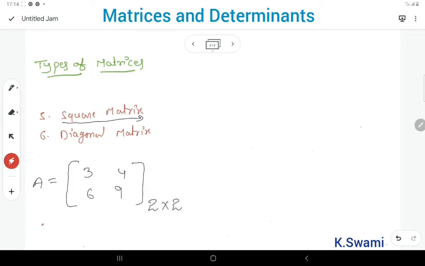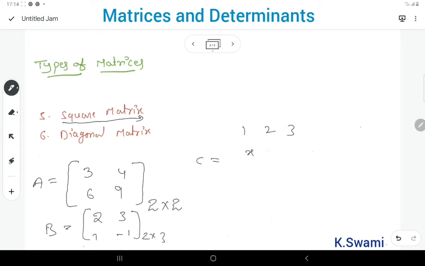Another example is B equal to 2 3 1 -1. This is also of order 2 by 2. Another example C is equal to 1 2 3 x y z, with the remaining entries such as x square plus 2.